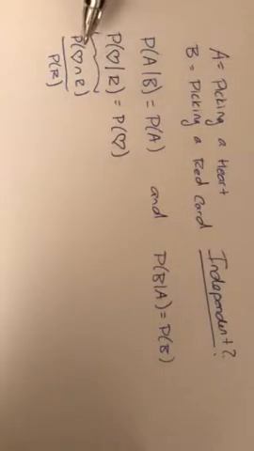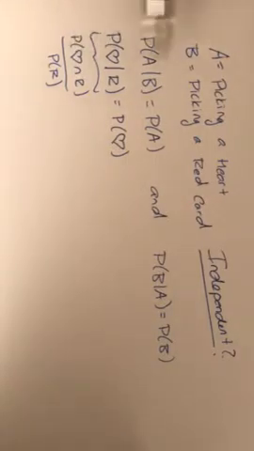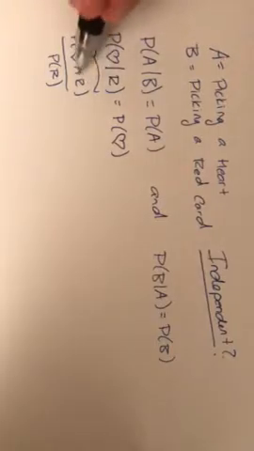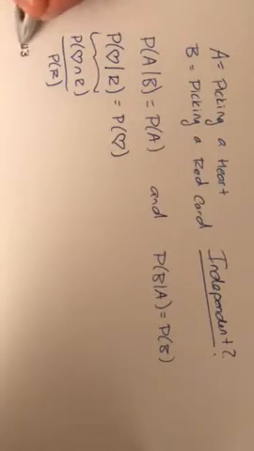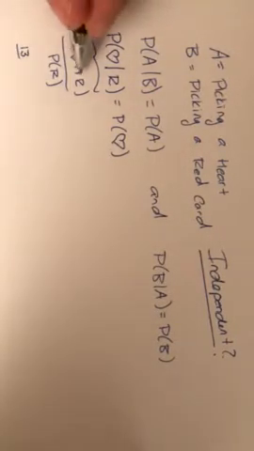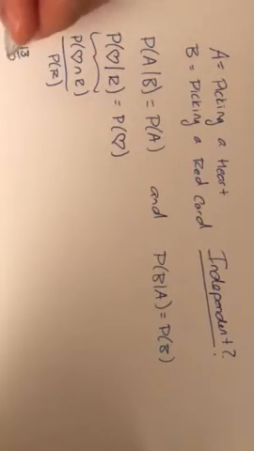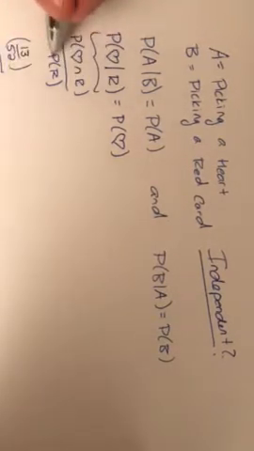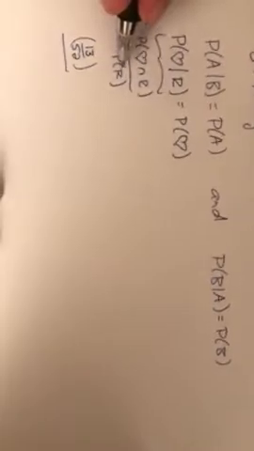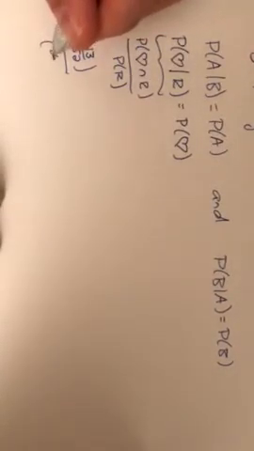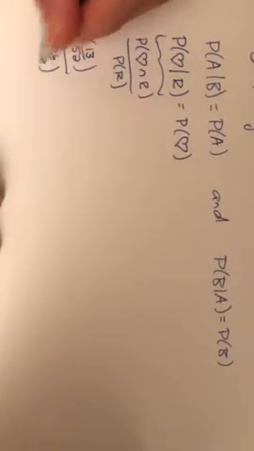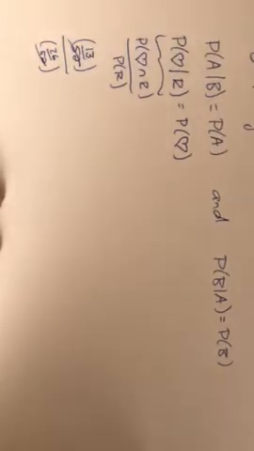Okay. How many cards in a deck are red and also hearts? So there are a total of 13 cards in a deck that are red and hearts as well. 13 out of 52. Over how many red cards are in a deck? There should be 26 over 52. Half the cards are red. So those cancel. I get 13 over 26, which reduces to 1/2.